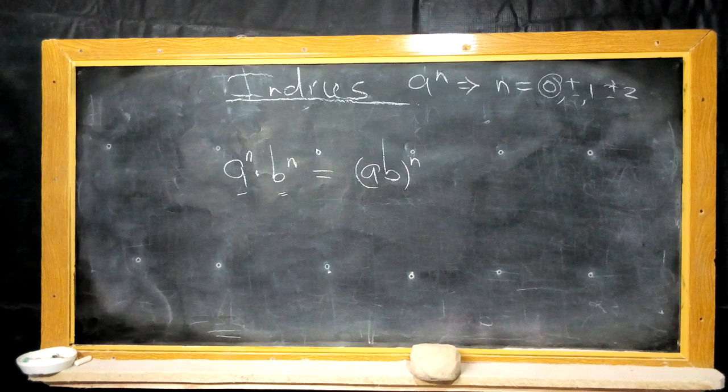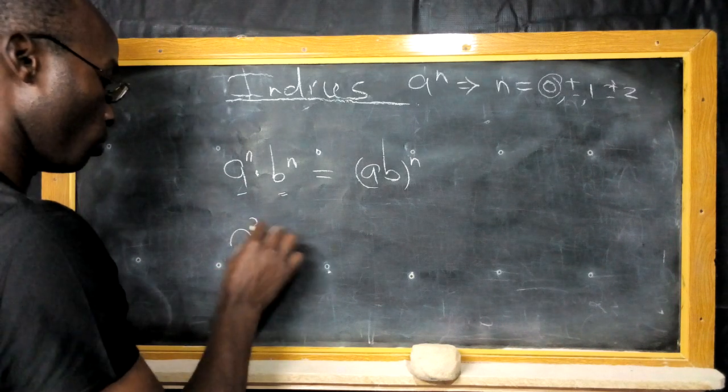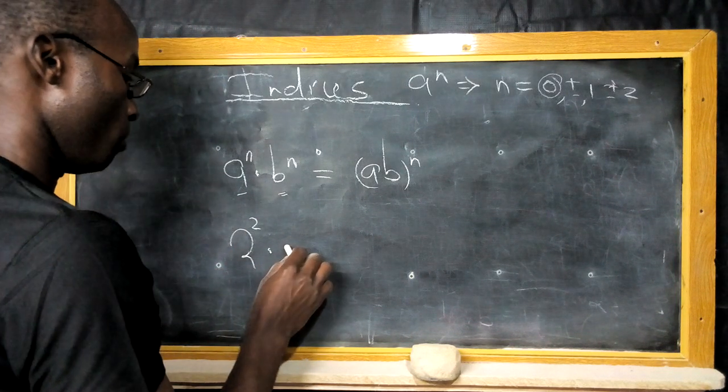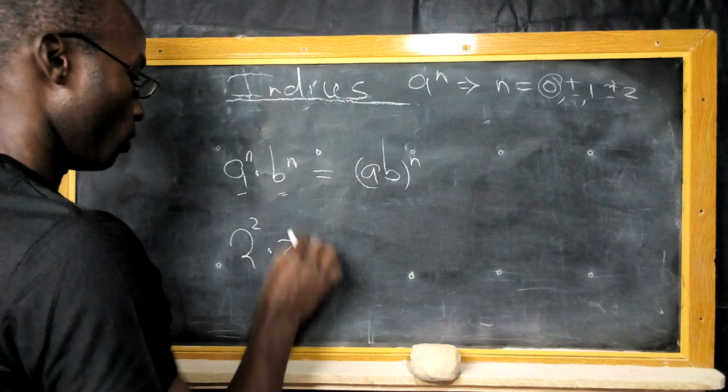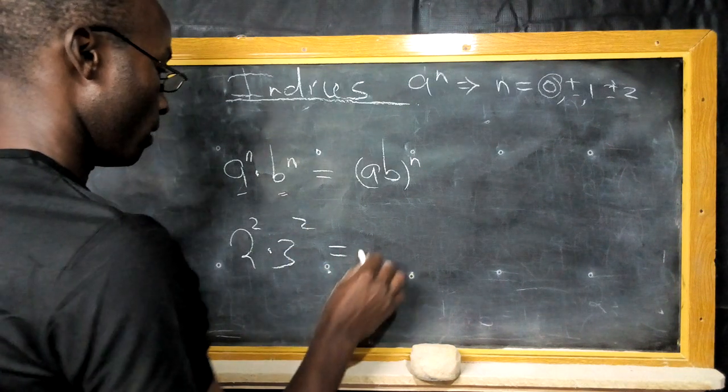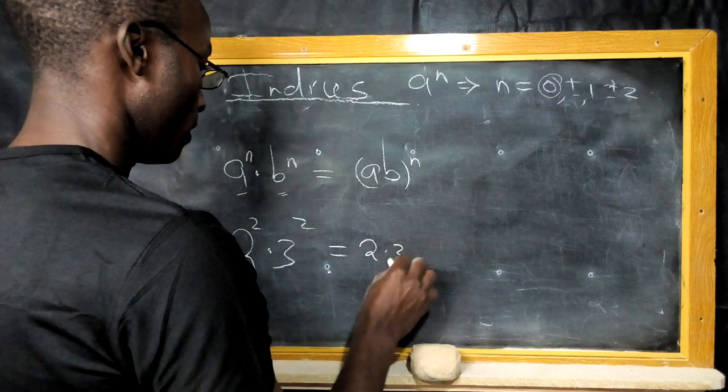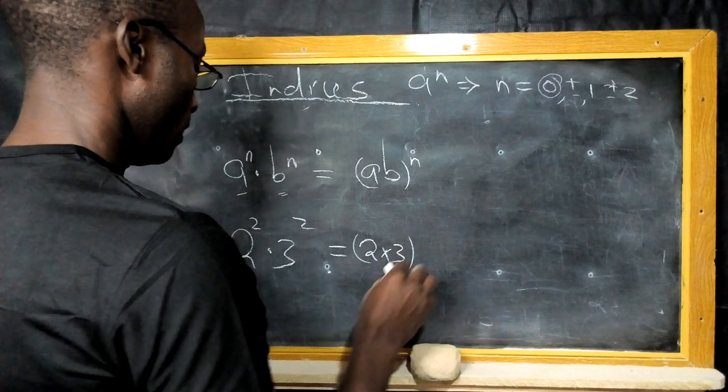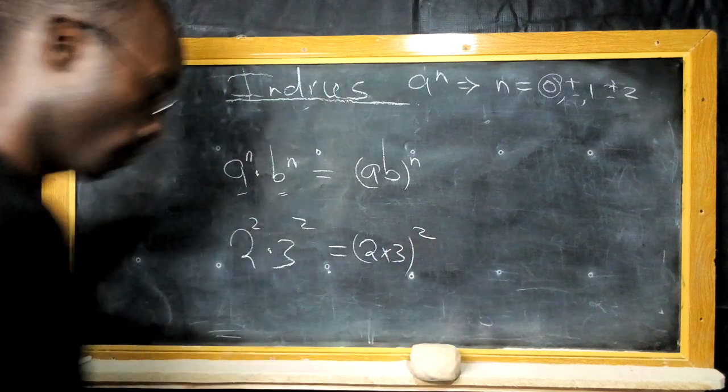For example, if a was 2 raised to power 2 and b was 3 raised to power 2, then we can write it as 2 times 3 raised to power 2.